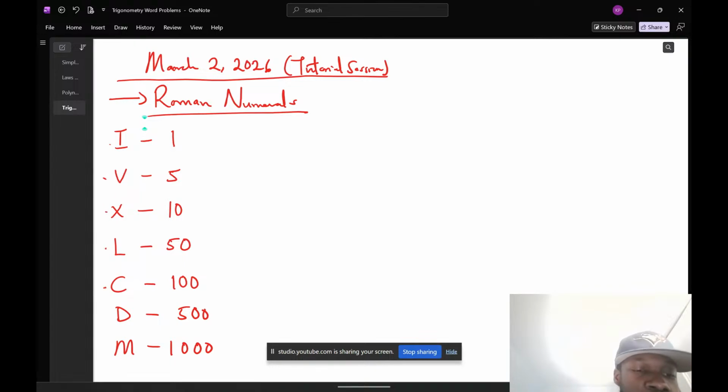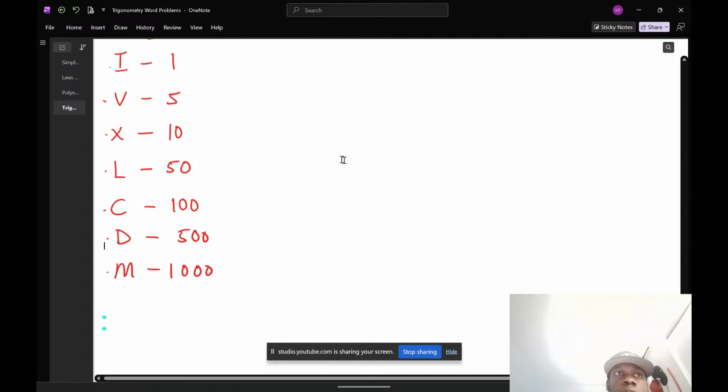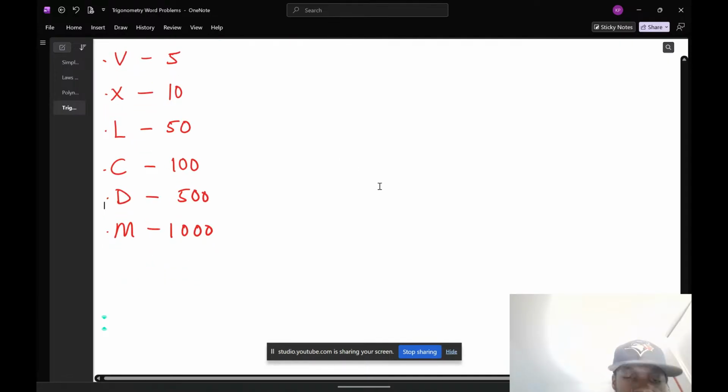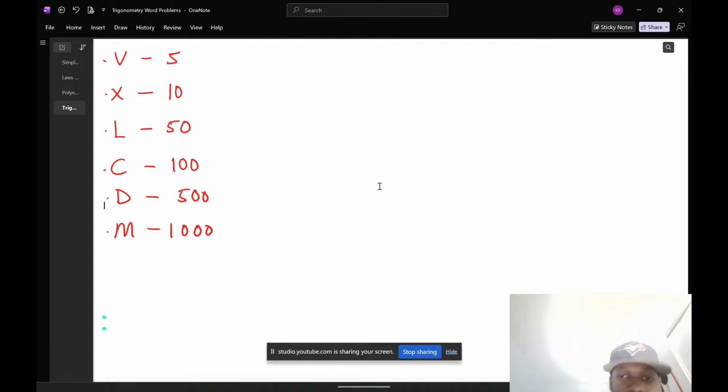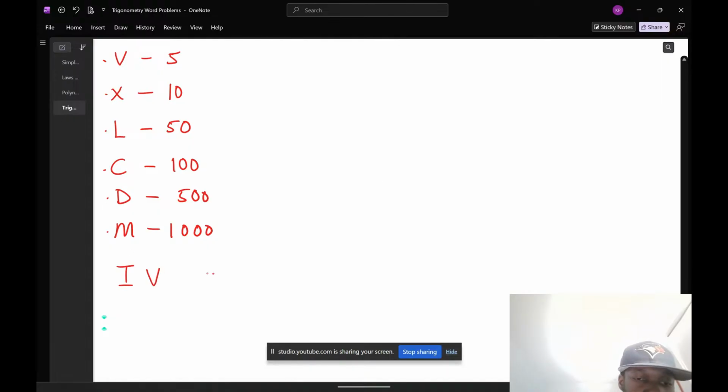If you know these, then you'll be able to write a variety of numbers that fall in this range. But one thing I also want to talk about is the way you write two Roman numerals side by side. For example, we have IV and VI.